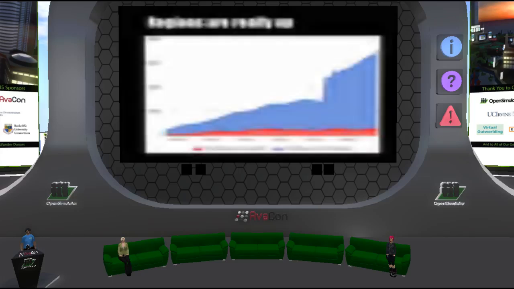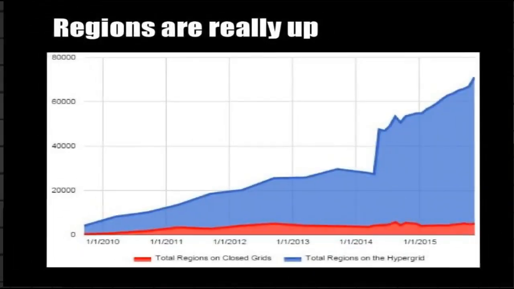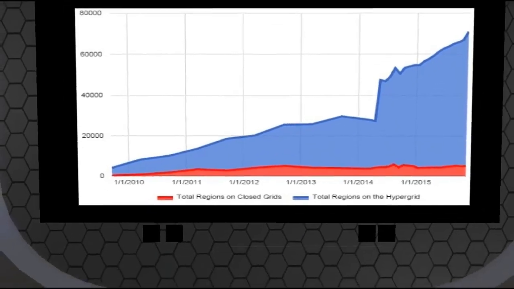When you look at the number of regions on the hypergrid, this is dramatically bigger than on the closed commercial grids, mostly because on the hypergrid, a lot of these regions are self-hosted for free or hosted at really, really ridiculously low prices, sometimes as low as $3 a region for a full-sized region, because a lot of these are nonprofits or group grids.